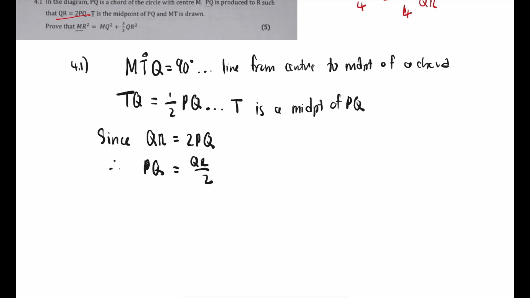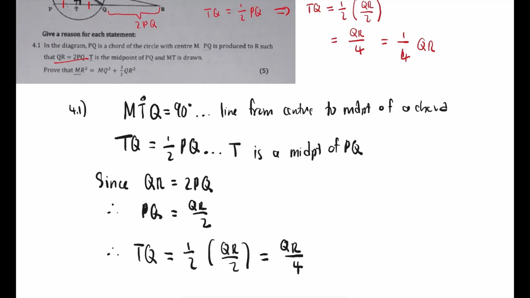And this, therefore, this TQ over here, because it's equals to half PQ, and PQ is this, therefore my TQ is going to be equals to half into QR over 2, which is equals to QR over 4, because you have 1 times QR, you have 2 times 2.